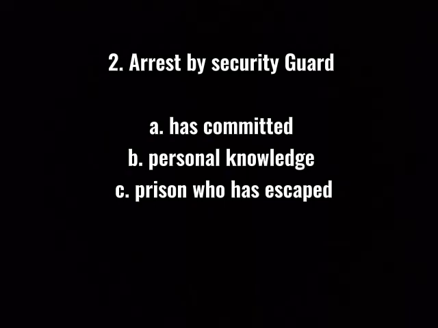Letter C. When the person to be arrested is a prisoner who has escaped from penal establishment or place where he is serving final judgment, or temporarily confined while his case is pending, or has escaped while being transferred from one confinement to another. 3.